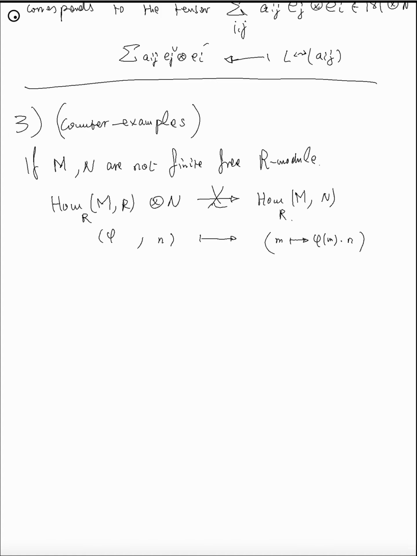This is still R linear. You have such a map, but it will not be an isomorphism.